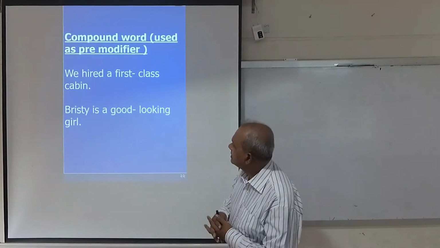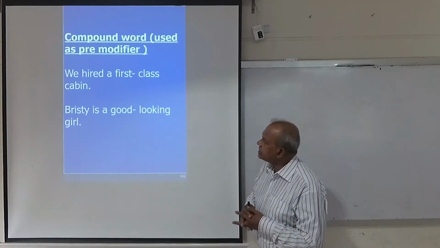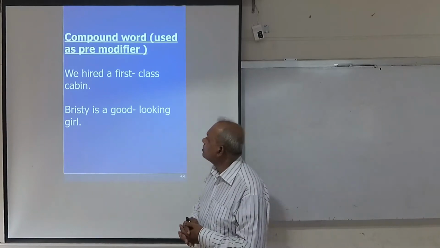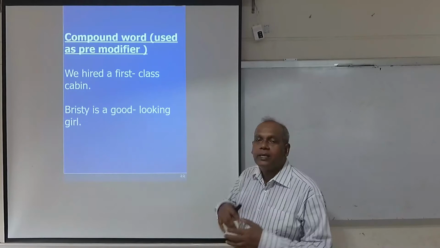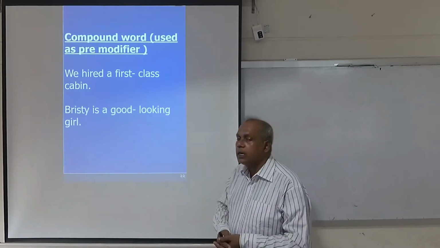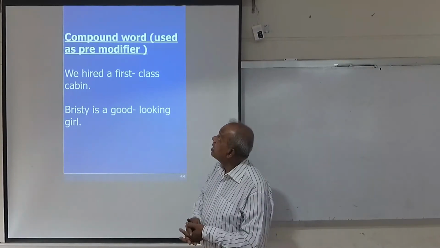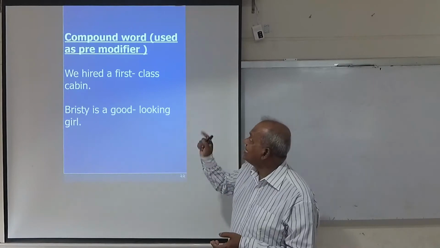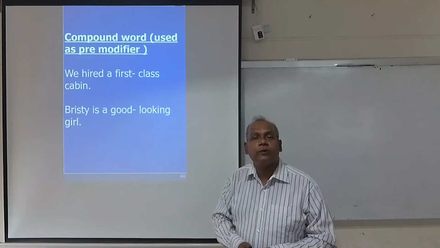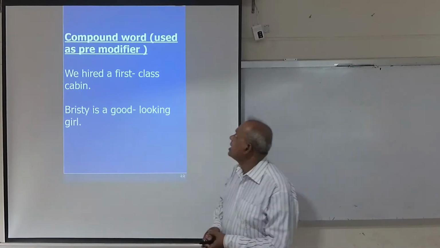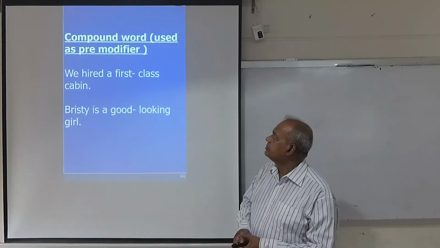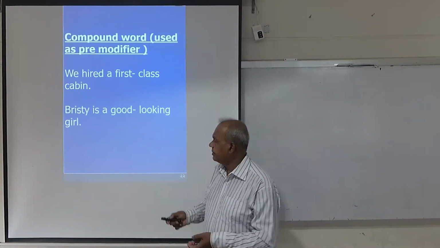And in the second sentence, Brishti is a good looking girl. Good and looking, these two words make a word, good looking. This is a compound word. And these words are used as pre-modifier. That means compound words are used as pre-modifier.